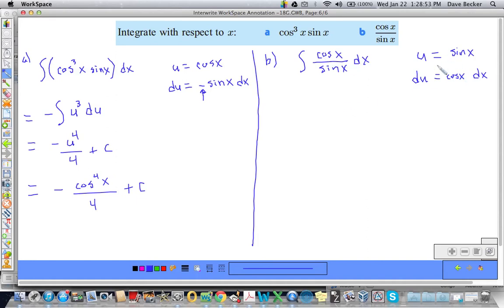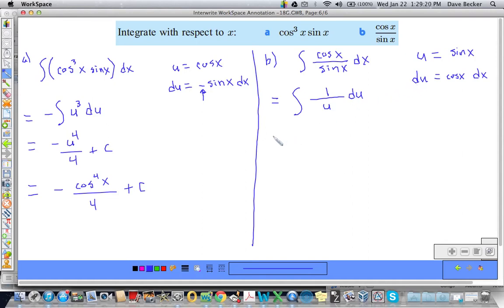Okay? So by doing this, I can then rewrite this as, I'm going to take care of my u substitution first, u right here, right, because u equals sine x, and du equals cosine x dx. Cosine x dx, I can put that right here, and this is just a 1. 1 du is simply du.